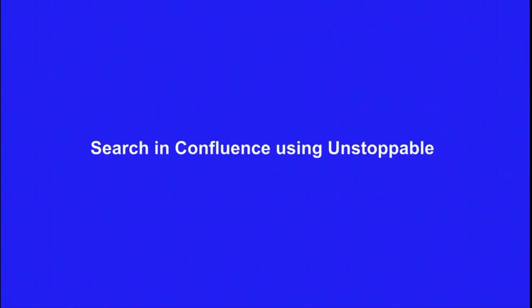Okay, so finally, let's go to how to search for a page in Confluence using Unstoppable. So again, I'm going to do the same thing. I'm going to check for all the links available, or I can just use tab to move to the search icon or the search bar, and from there, whatever I type, it is going to tell me what I'm typing and give out the suggestions.